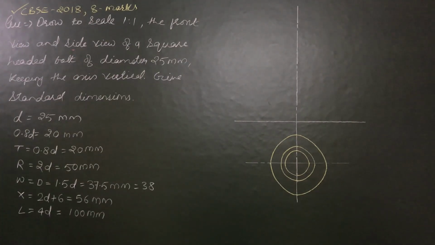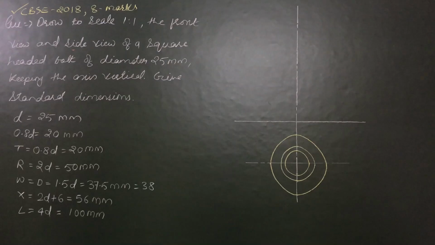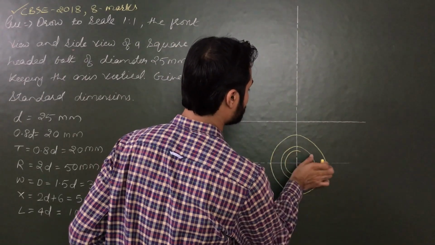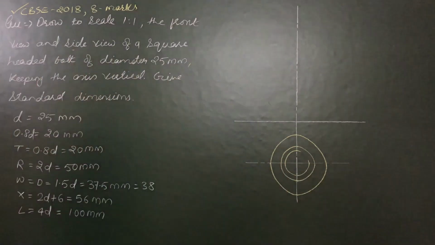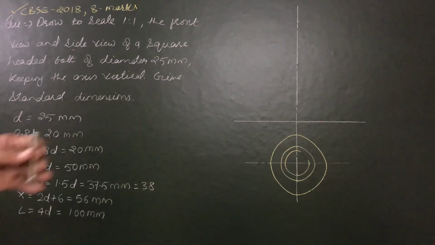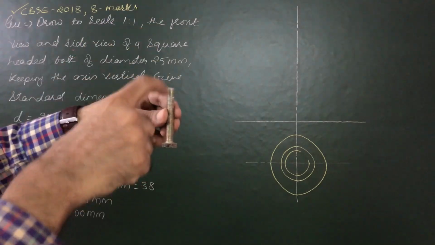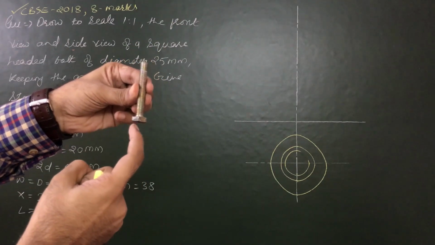Now we know that in case of bolts, it's a bolt, so we'll have threads on the external surface. So for representation of external threads, minor circle will be discontinuous, right? And the other thing is, if we are observing from the top and the bolt is resting on its head like this, so from the top we'll not be able to observe this chamfering circle.